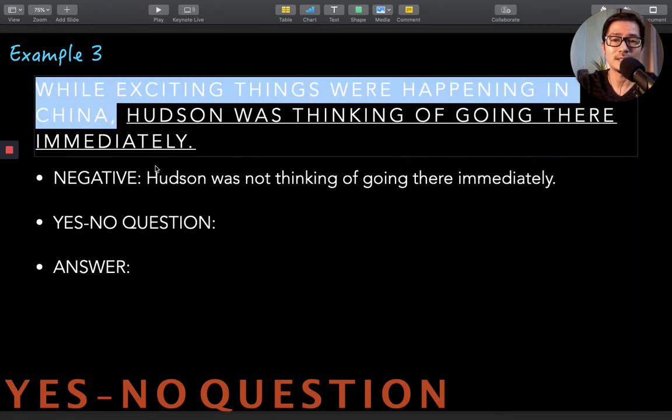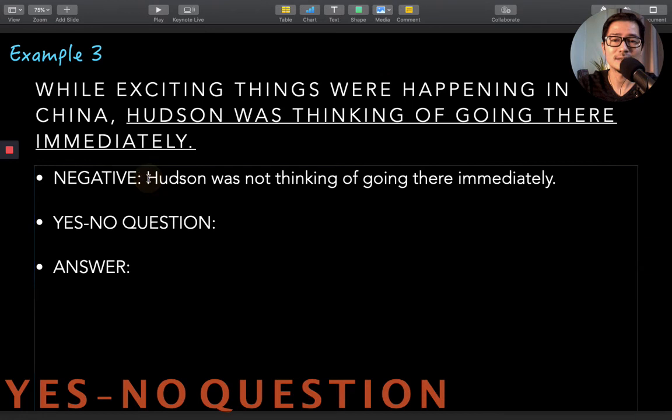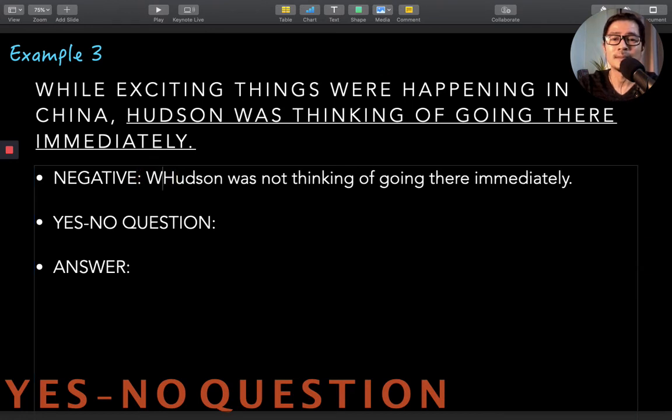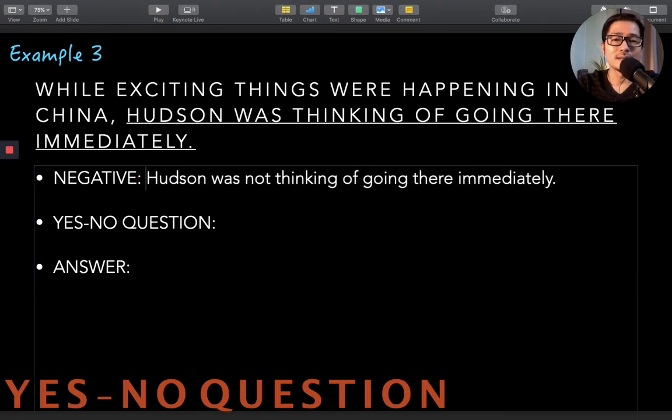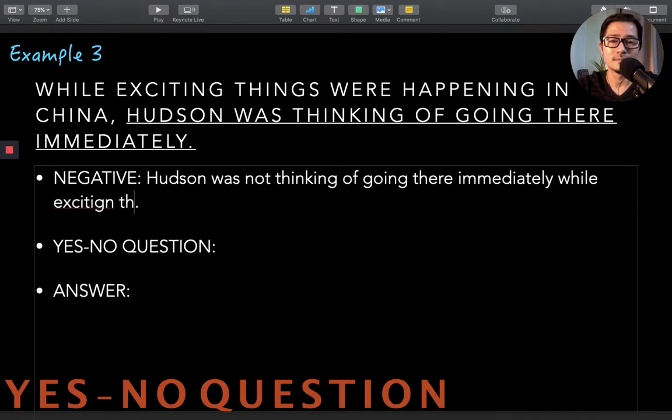So I can put it at the beginning of the sentence. Or, just to be different, I can put it right here, and I don't need to use a comma. So this is how we extend sentences in English.